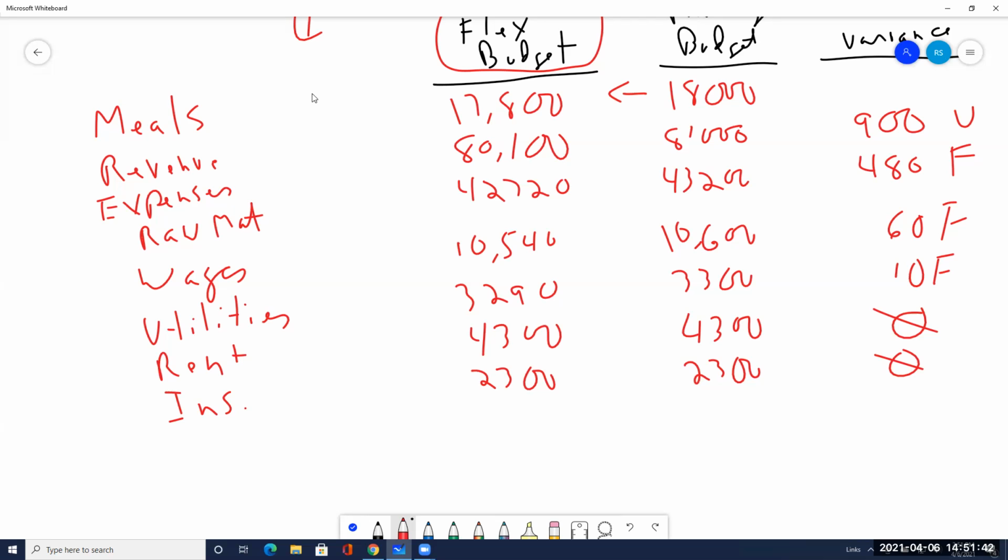Those don't have any activity variances. Okay, and then we have miscellaneous. Miscellaneous were 2,460 and 2,480, which is $20 favorable.